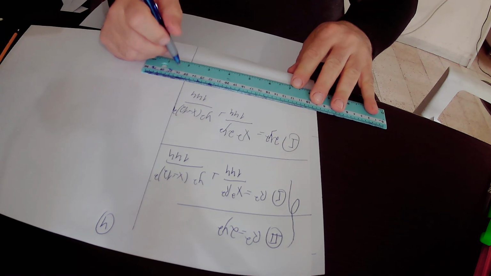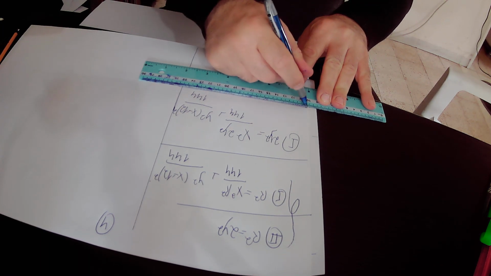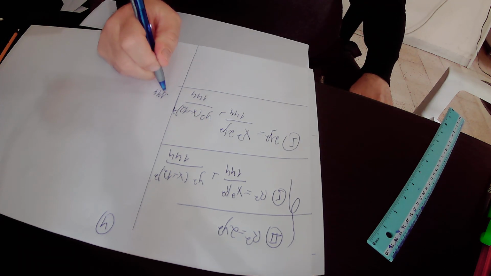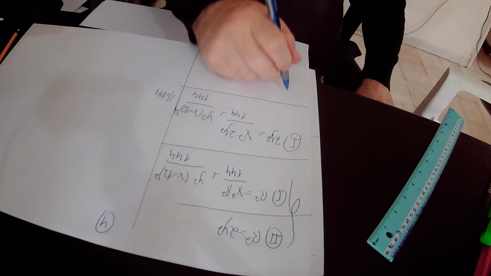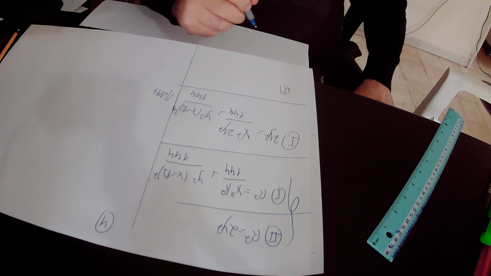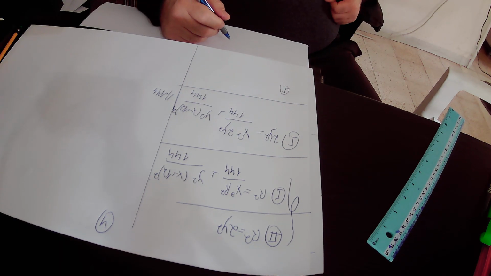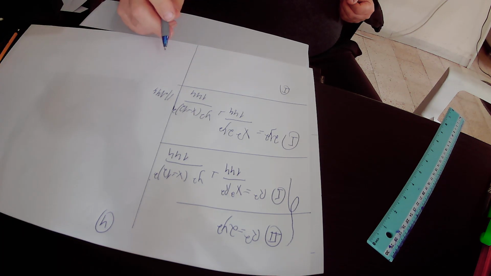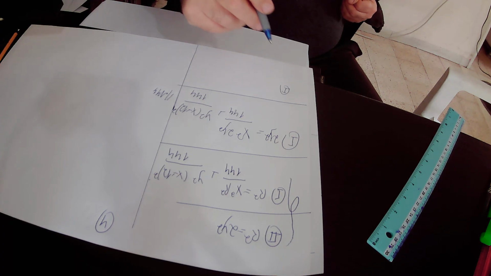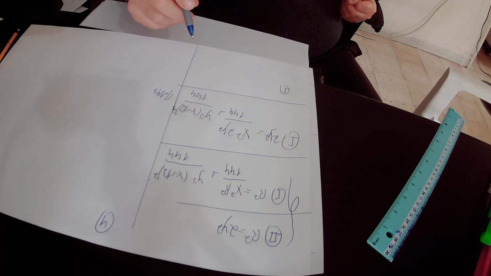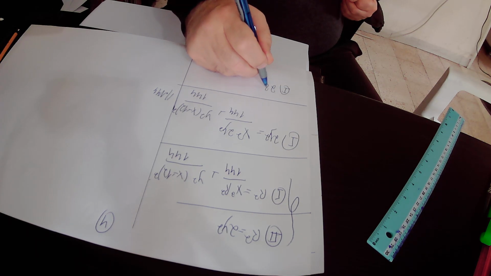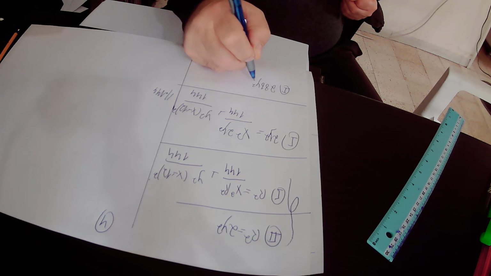So here we multiply this equation 1 by 144, and I get that according to equation 1, two y square times 144 is 288 y square.